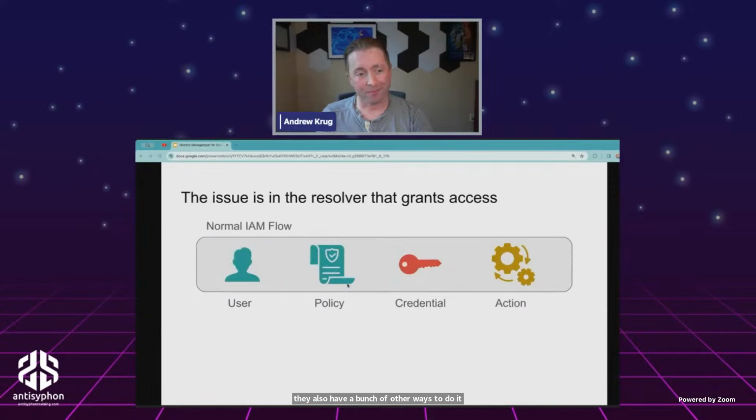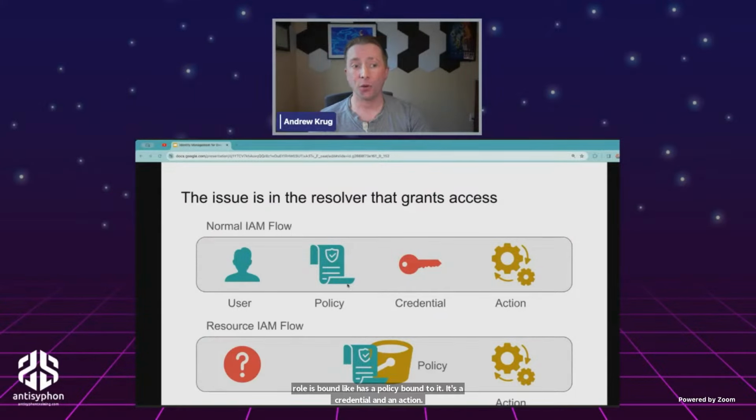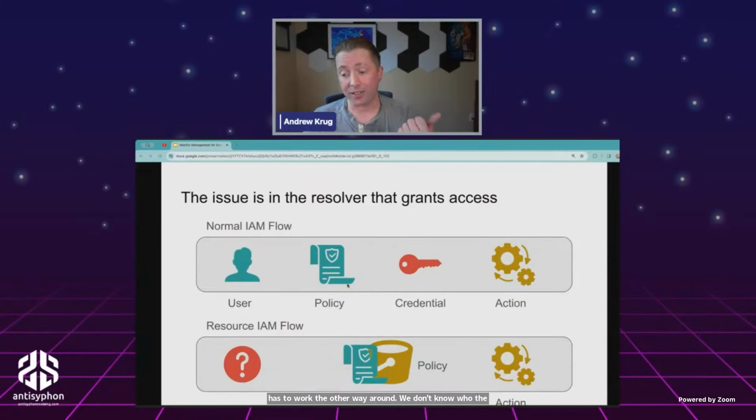And here's why. So in the normal identity and access flows that we've talked about so far, you have a user, that user has a role, the role has a policy bound to it, it's a credential and an action. Unfortunately, when we talk about public access, this has to work the other way around. We don't know who the principal is that's going to be accessing the data, because it could be anonymous, it could be public.